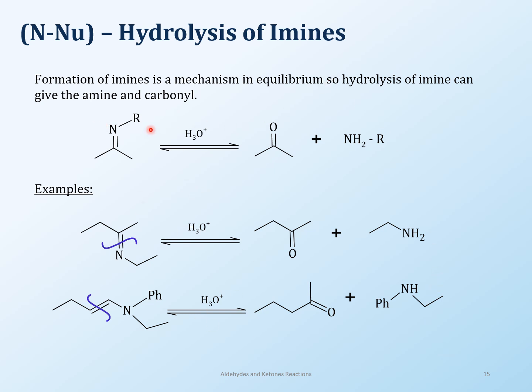So all you have to do is break the bond at the double bond. Here is the imine. When you cleave that in the presence of acidic hydrolysis, you end up getting your amine back and the aldehyde or the ketone back, depending on what you're reacting with.